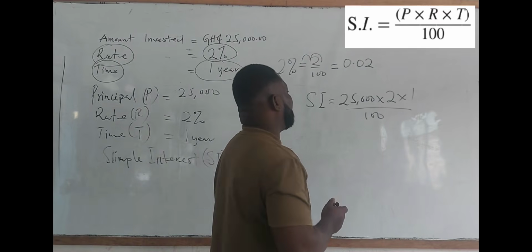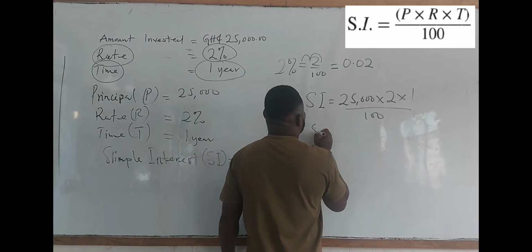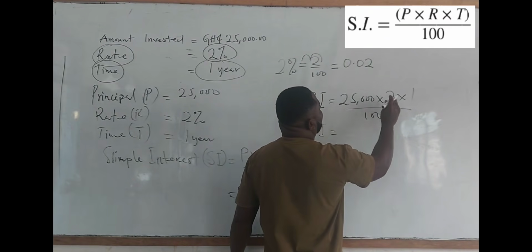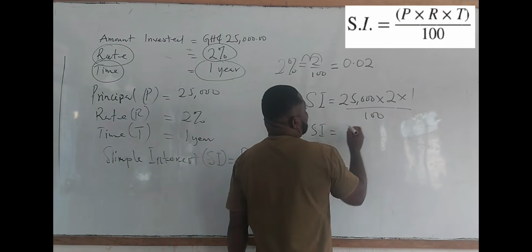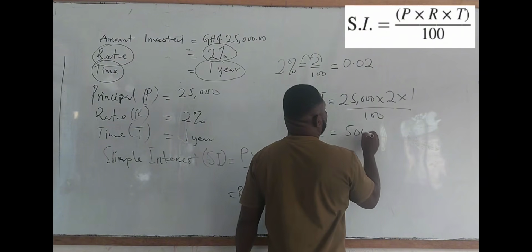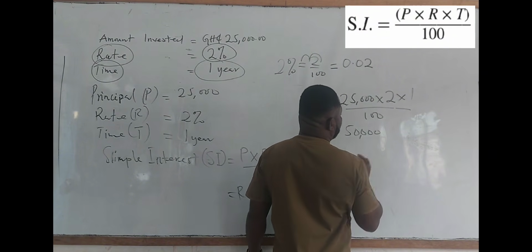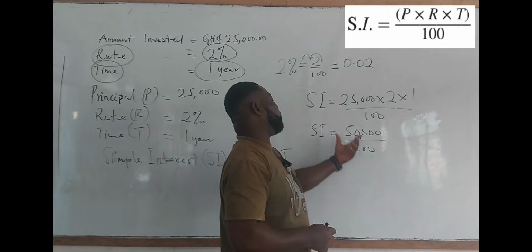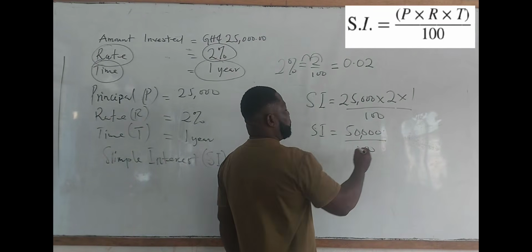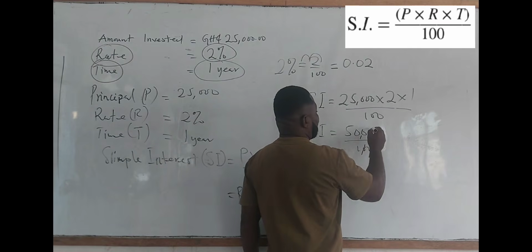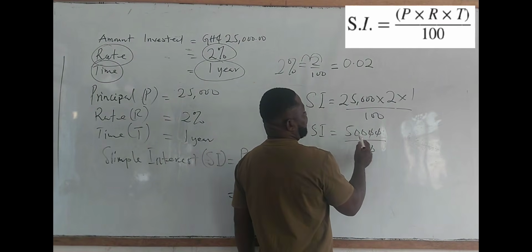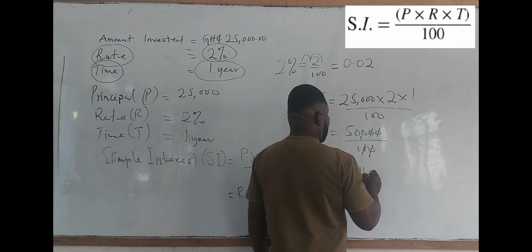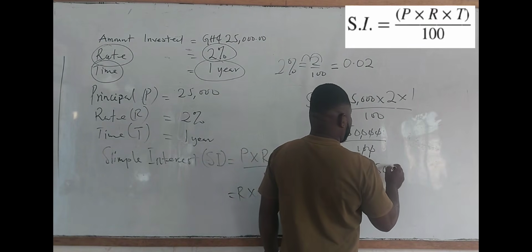So we multiply this once, and then we get an answer. 25,000 times 2 times 1 is going to give us 50,000, all over 100. So this 0 cancels this 0, and it's left with 500. Therefore, SI is the same as Ghana cedis 500.